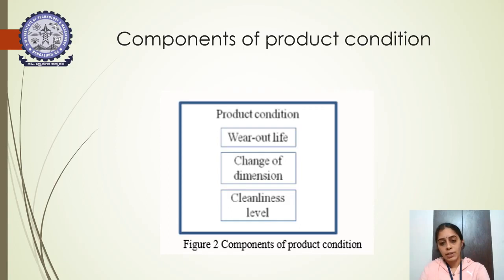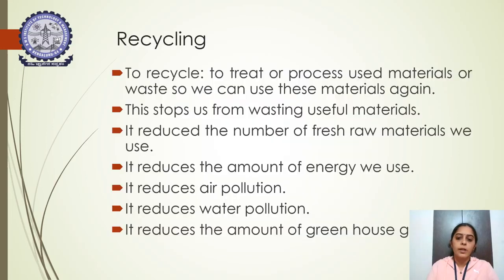What about the cleanliness and the maintenance level of the component? All these will be considered in the condition of the product, along with the other parts I told you about while explaining the diagram. So this is about the condition.